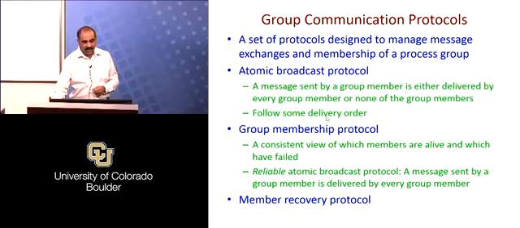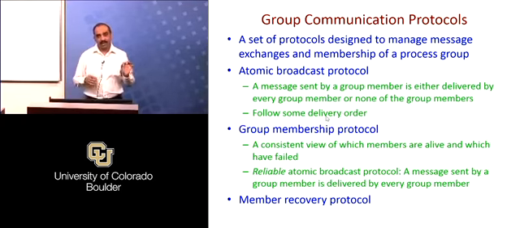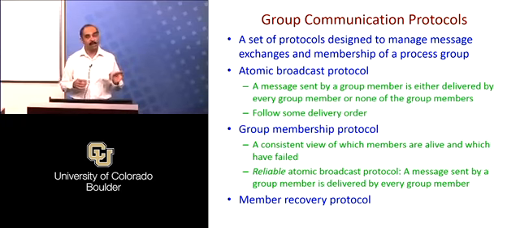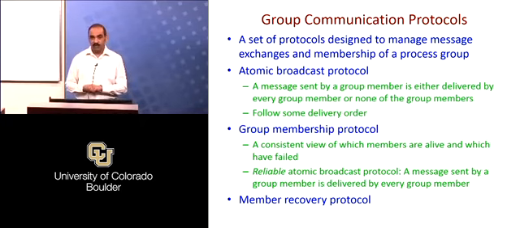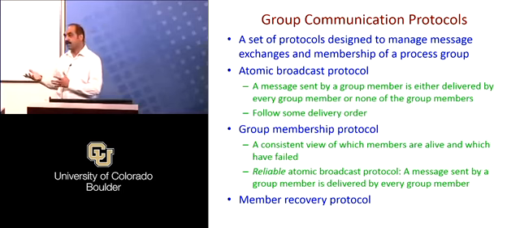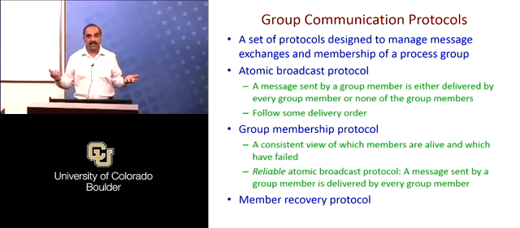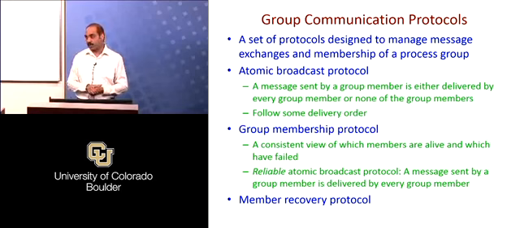And the delivery order depends on what kind of application you are trying to build. For some applications you may require a strictly total order, meaning that you want to make sure that all these updates are applied strictly in the same order. Maybe there is another application where it is okay to apply these updates as long as you are respecting the causal order.